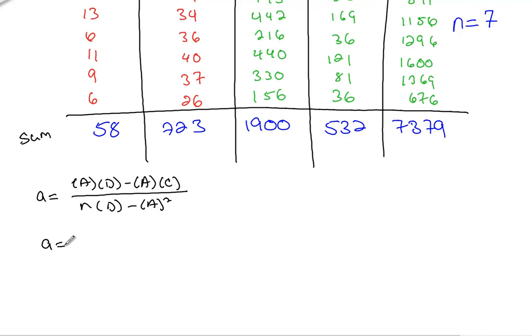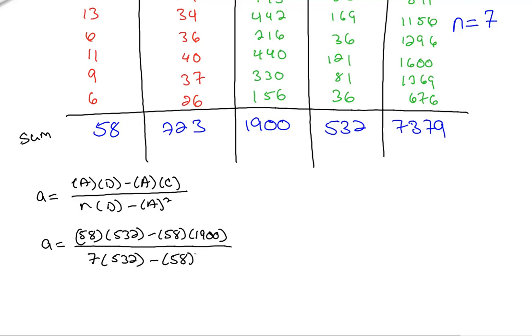So A is equal to 58 times 532 minus 58 times 1,900, divided by 7 times 532 minus 58 squared.